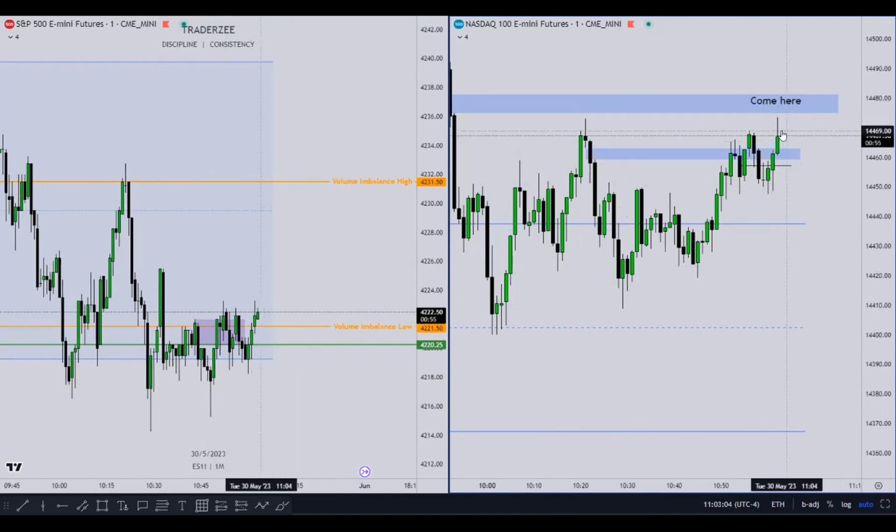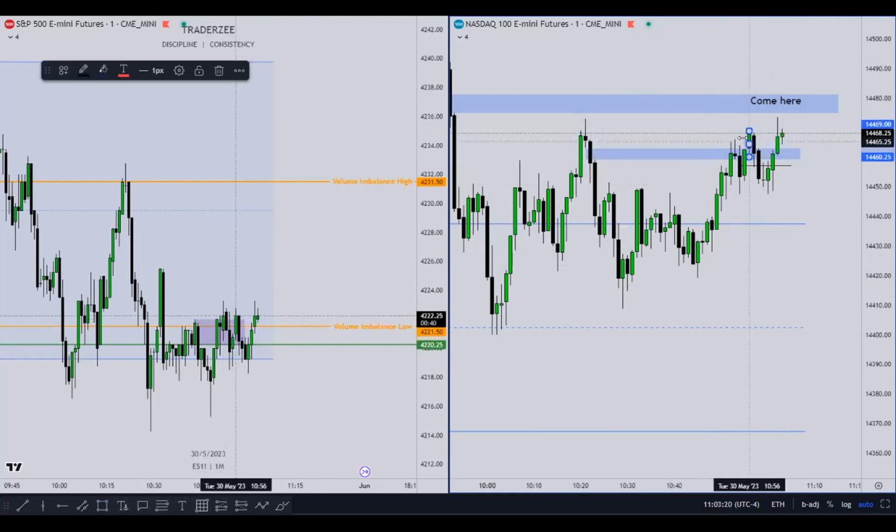Take out the consequent encroachment of the wick. We have a bullish breaker here now. So we don't want price to move below this.